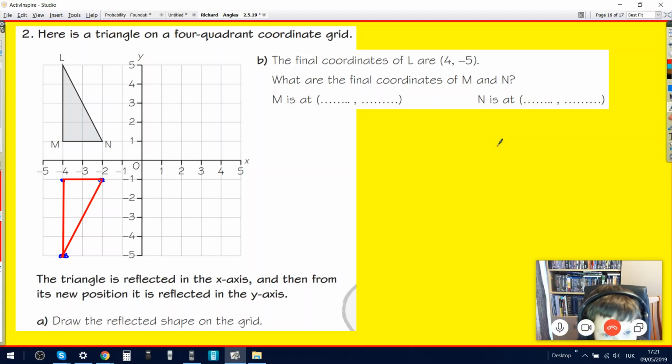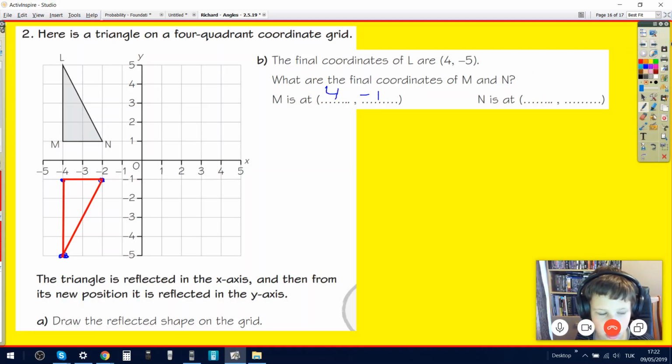Well, since the final coordinates of L would be 4, minus 5, then M would be 4, minus 1. Yes, well done. 4, minus 1.